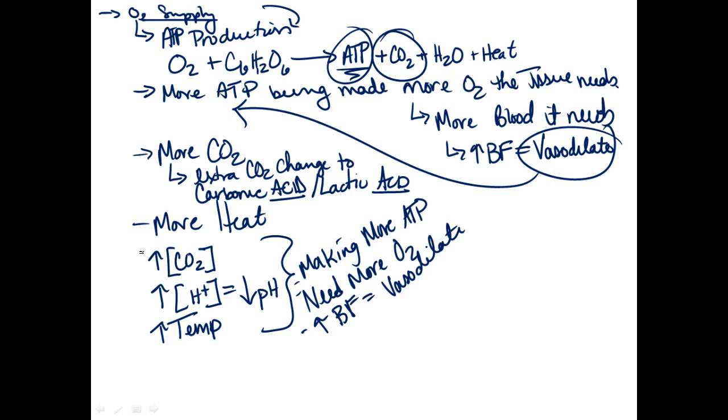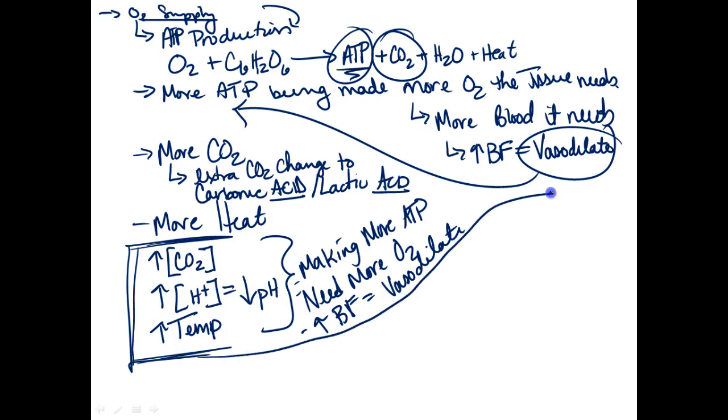Okay. Now, the three main ones that are easy to see as far as local regulators of blood vessel diameter are these guys here. But there is one other one. It's not quite as intuitive, but hopefully it'll make sense. So let's write that one here. The last thing that can ultimately regulate blood vessel diameter is an increase in extracellular fluid, ECF, potassium concentration. Hopefully you remember back from A&P 1, potassium normally doesn't belong in the extracellular fluid.